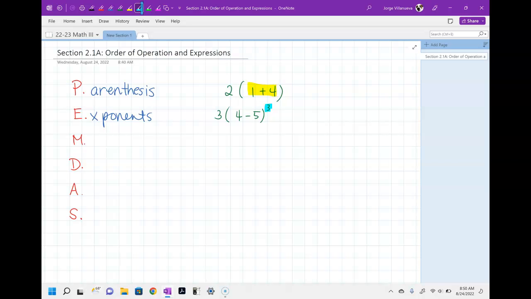Don't multiply yet. Multiplication is coming. So parentheses, take care of those first. Then, once you're done with the parentheses portion, take care of your exponents next.